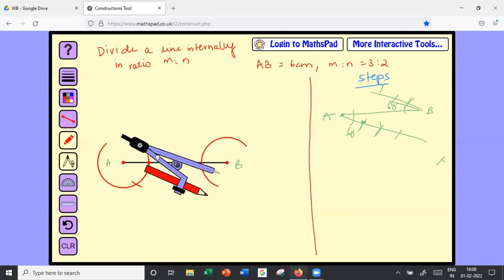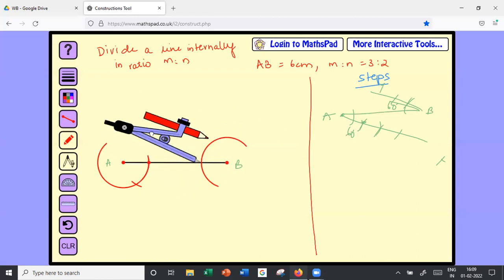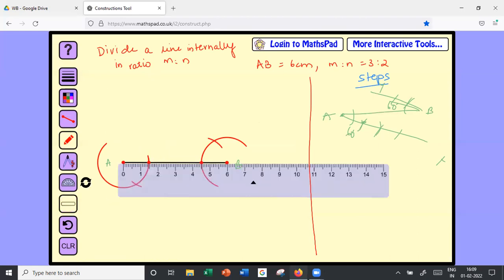Why am I not able to make the arc? Okay, fine. Now you just join those 2 points. Let's draw in green this time.